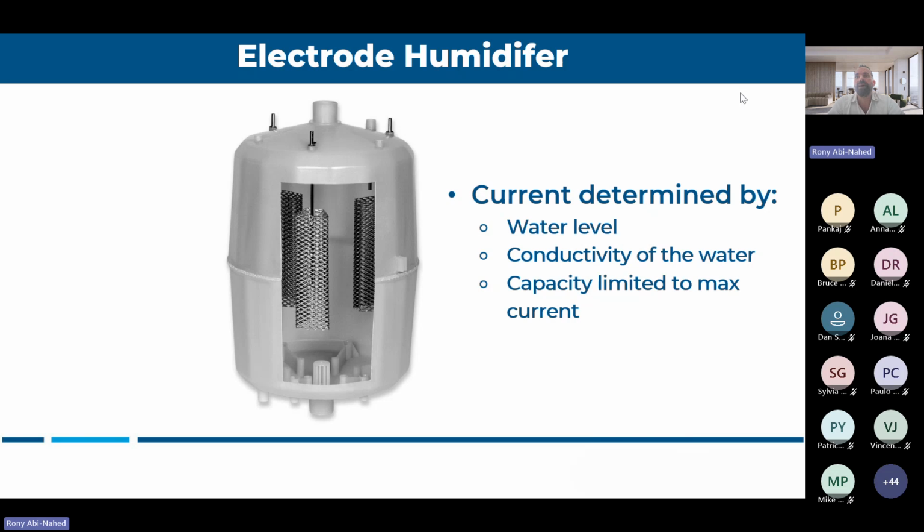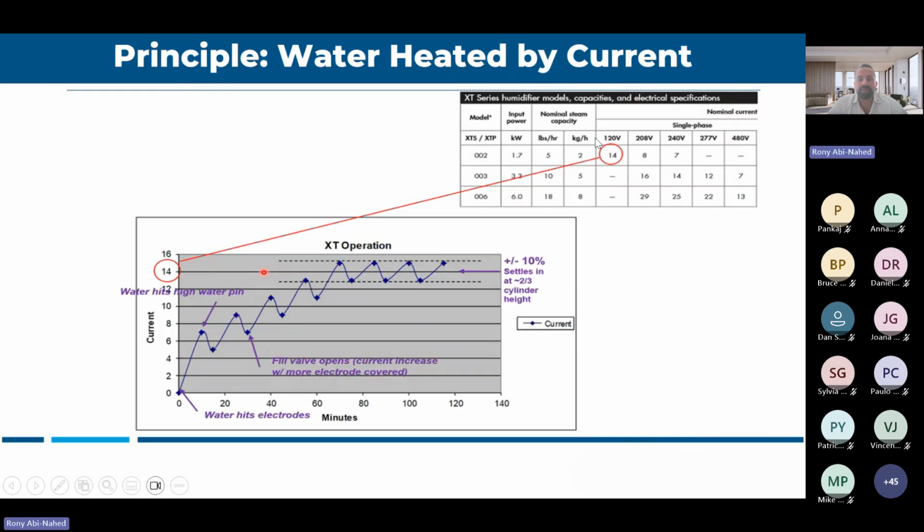You can't use RO or DI because it's pure water. There's no conductivity in it, so the unit will not operate. And this unit always works by building up enough minerals in the tank and then starting to give you steam.